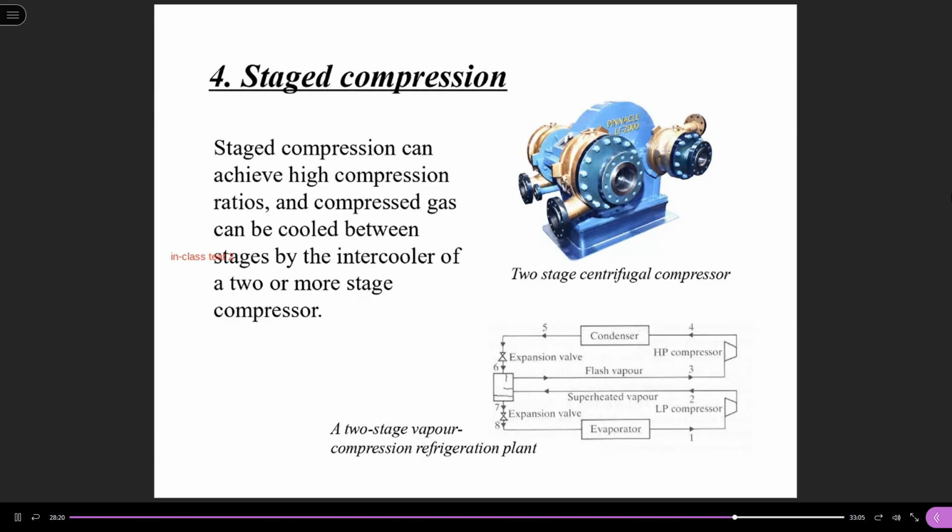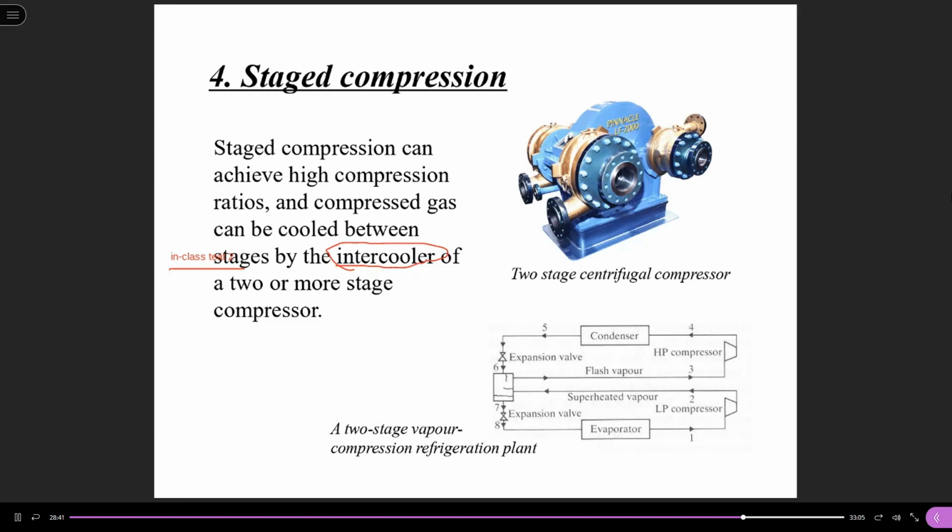We also have an intercooler, and I also ask you to calculate the heat transfer of the intercooler.